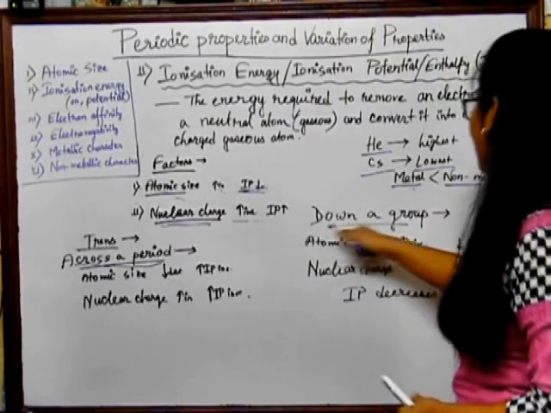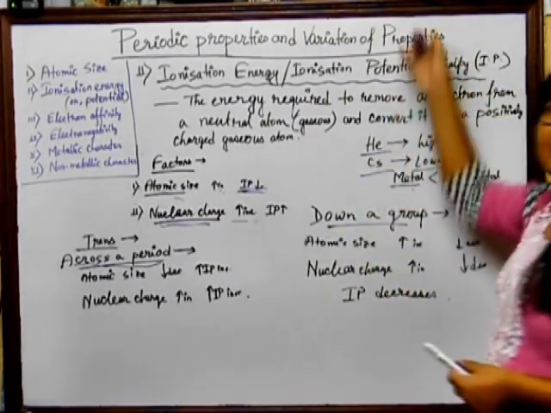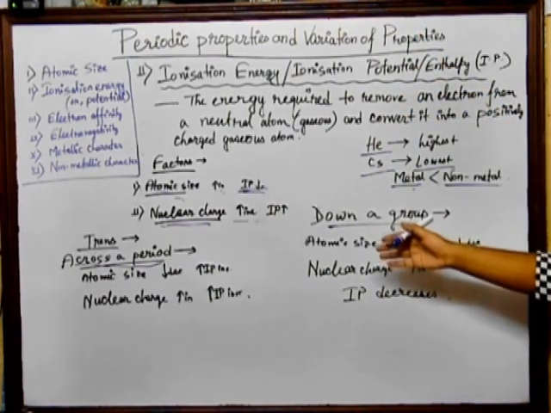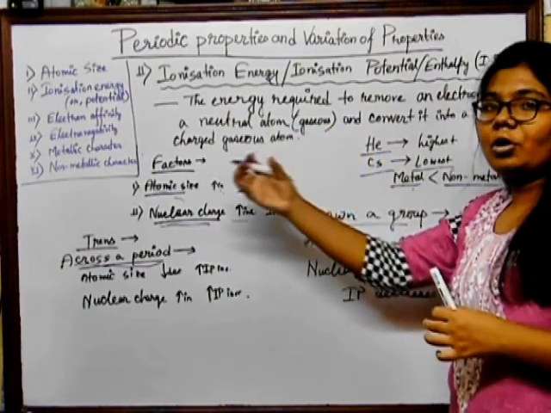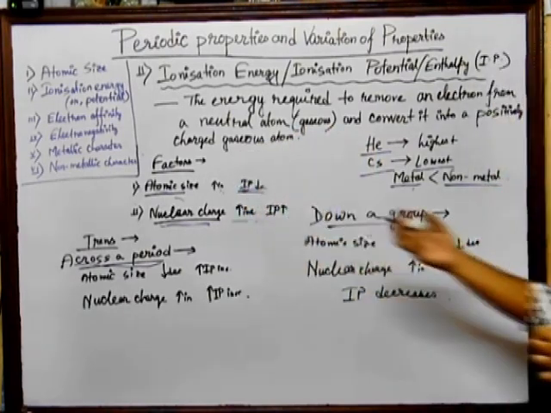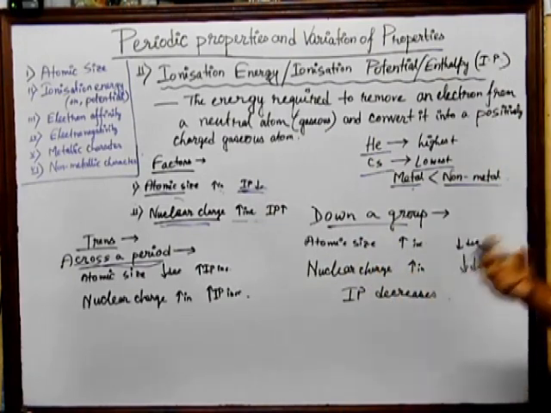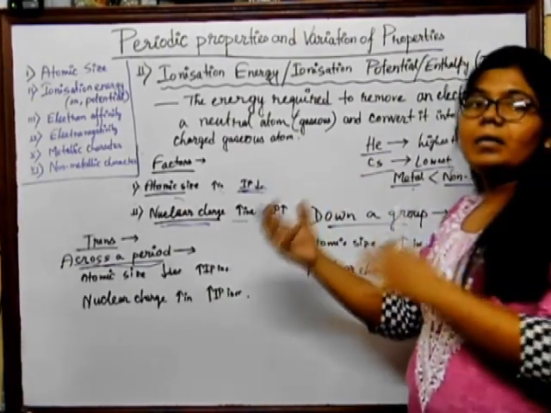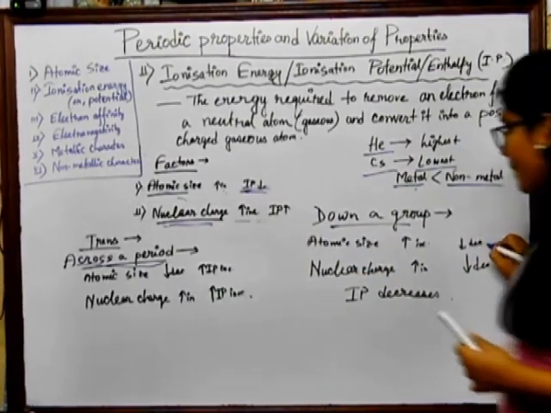Next, come to down a group. Down a group, atomic size increases. So the electrons in the outermost orbital are loosely bound, meaning the attraction of the nucleus will be less, so IP will decrease.